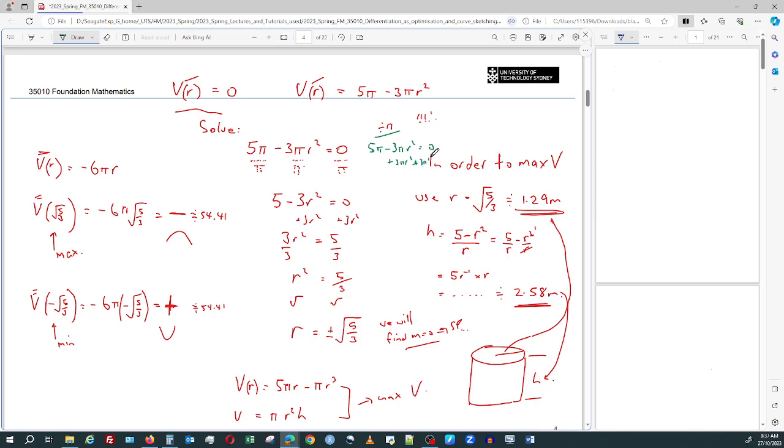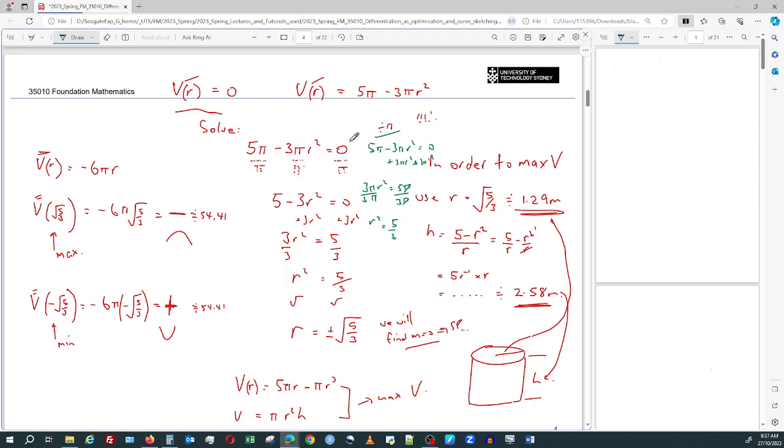Just do one side, you do the other. So I get 3 pi r squared equals 5 pi. And when you divide by 3 pi, look what's going to happen. r squared is going to be equal to 5 on 3. Why? Because the pi's are one in disguise.